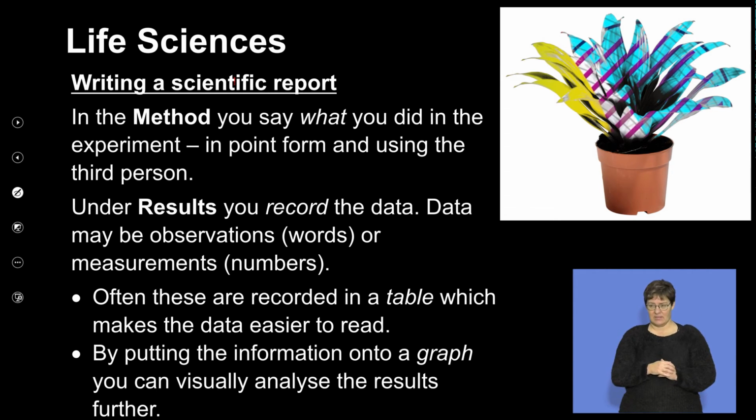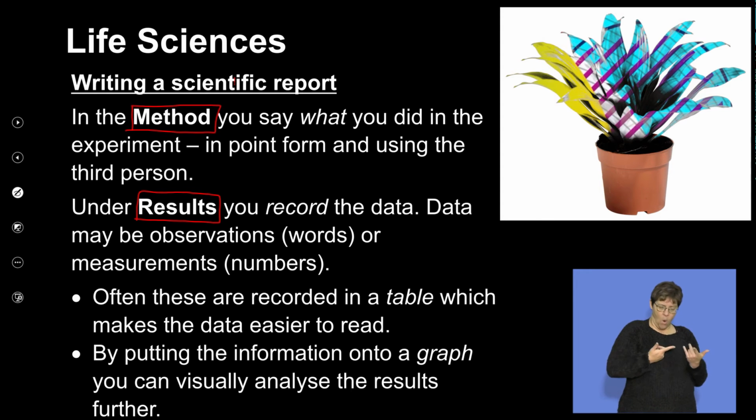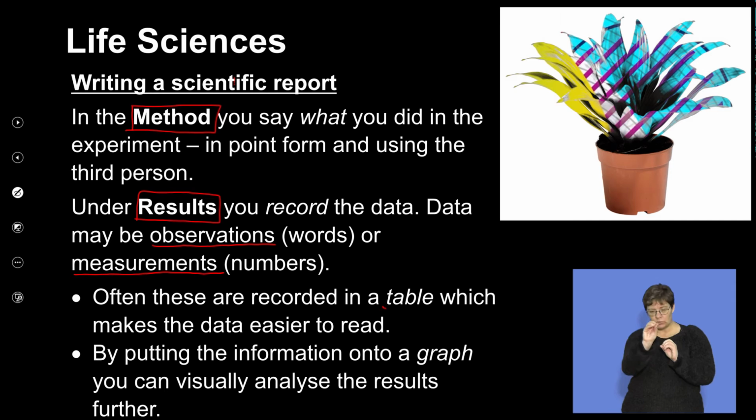So there's method, how you're going to do it, and results, which can be observations or measurements. Measurements are often recorded in a table, which makes it easier to read, or even a graph, which means you can look at the graph and understand how your experiment is working.